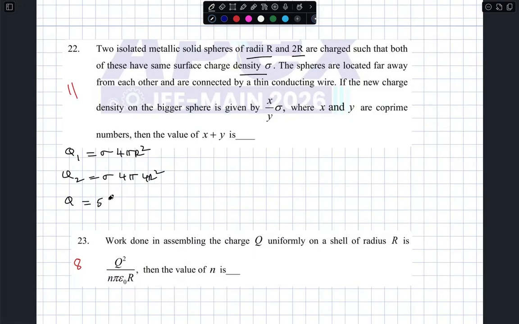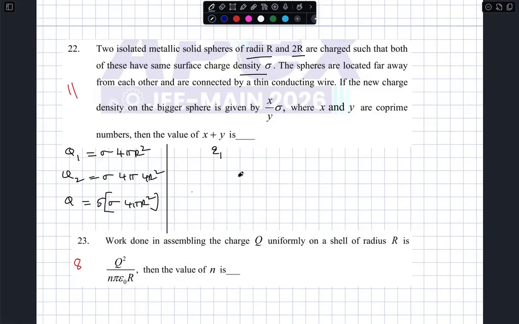I can write this as 5 times sigma 4 pi r square. Right. So when they were connected, potentials are same.